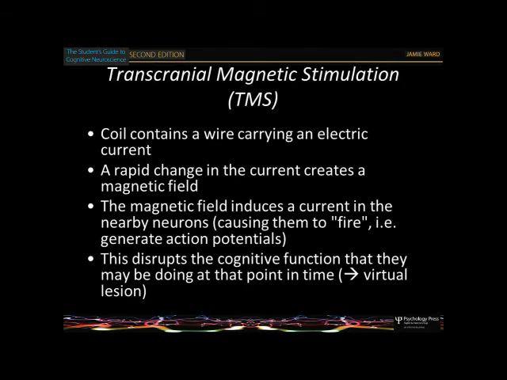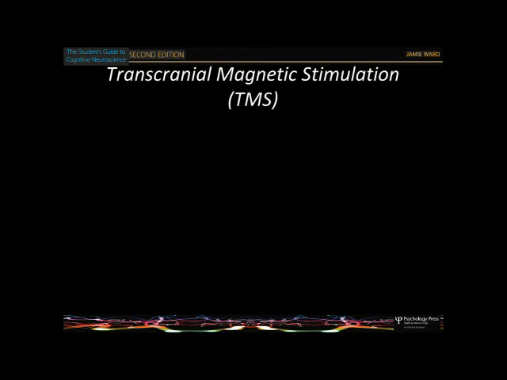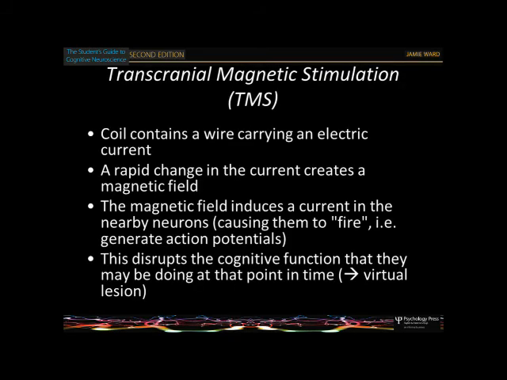Okay, so let's move on to TMS, because that's more interesting. We will come back to patients a lot in the next lecture. So TMS basically comes under the umbrella of disrupting cognitive function, but only very transiently.